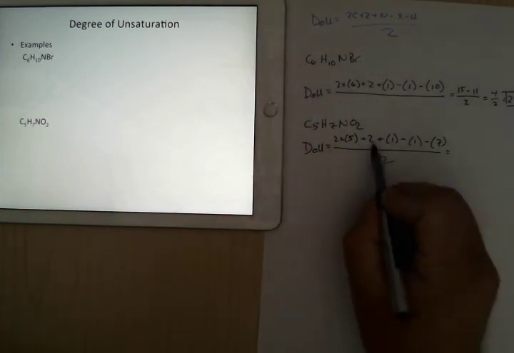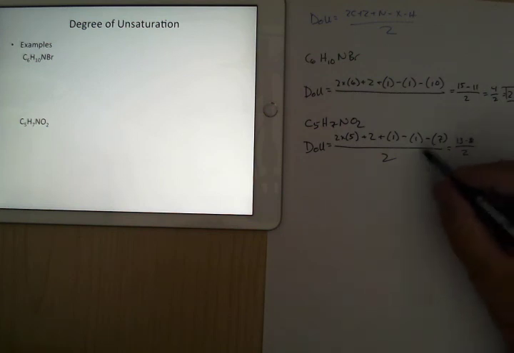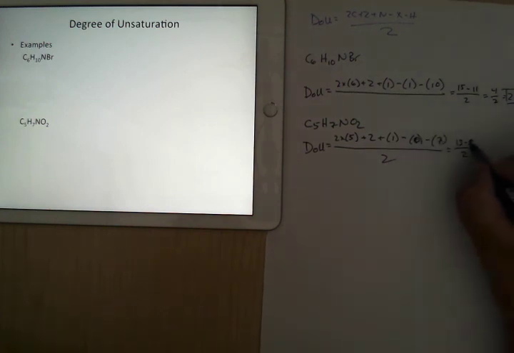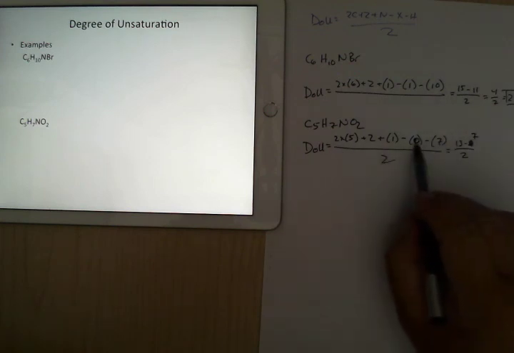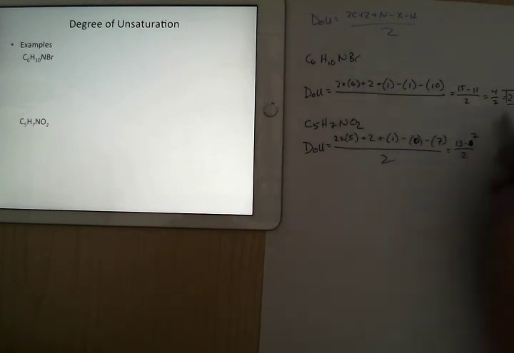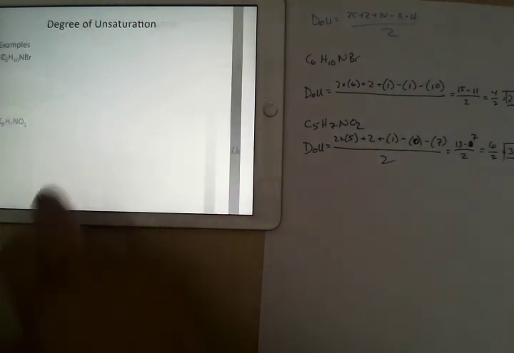So 10, 12, 13, so 13 minus 8, oh wait, excuse me, there's 0 of this, so this should be 7. Sorry about that, I was thinking of this one. So this is 6 over 2, 3. That's just more of what I was thinking. So it's 3 degrees of unsaturation.